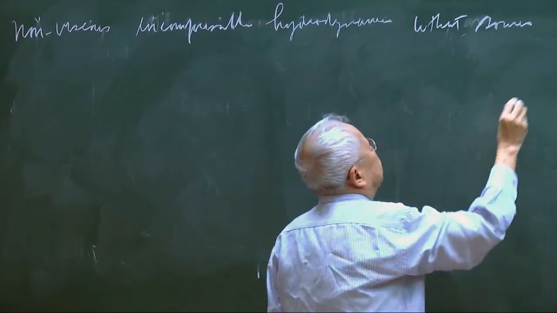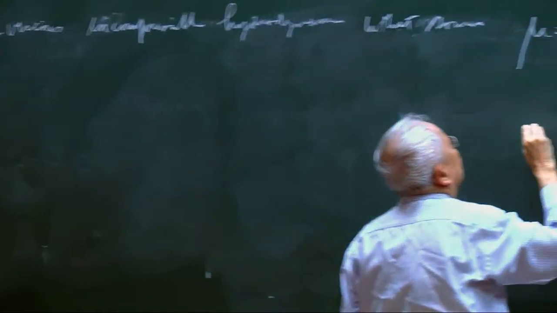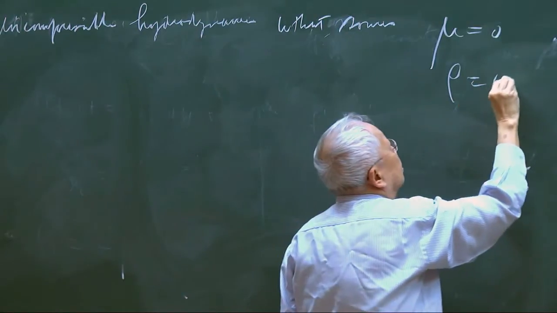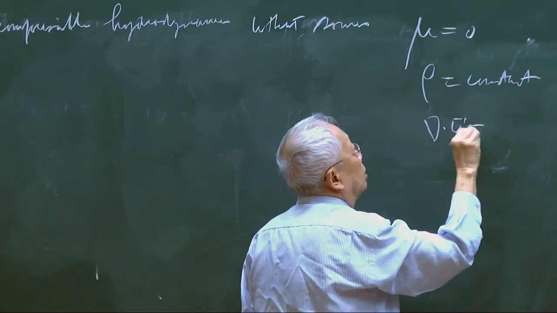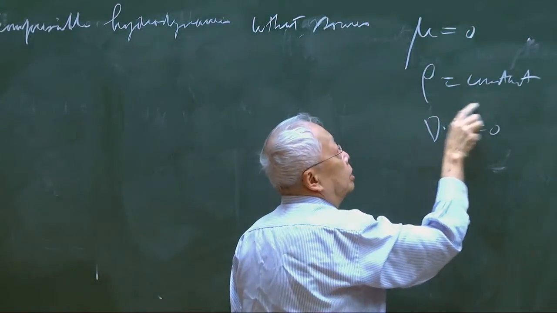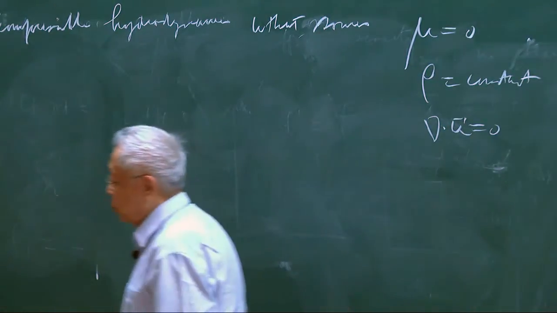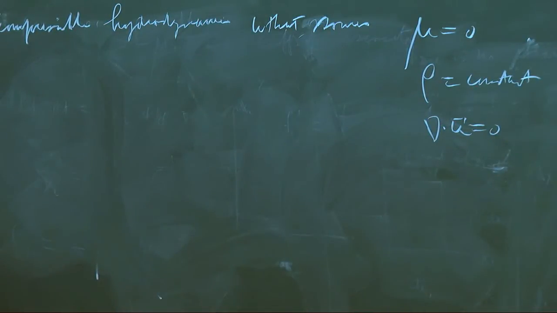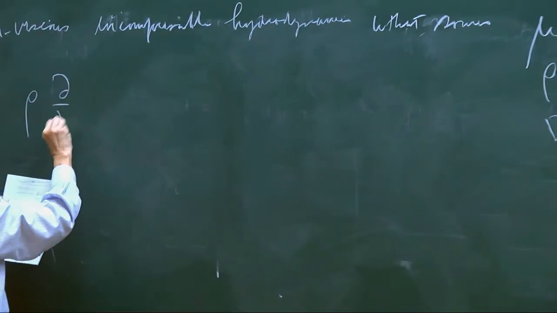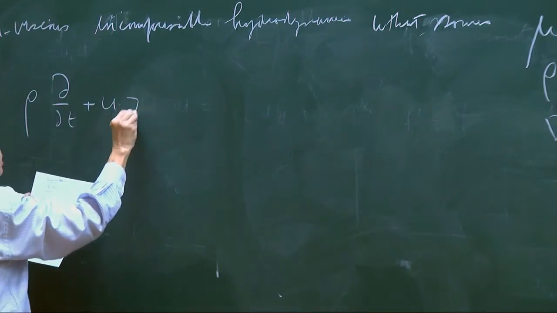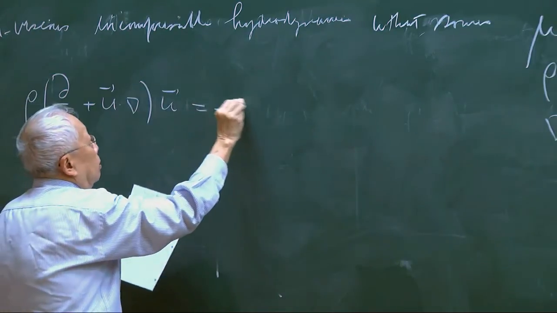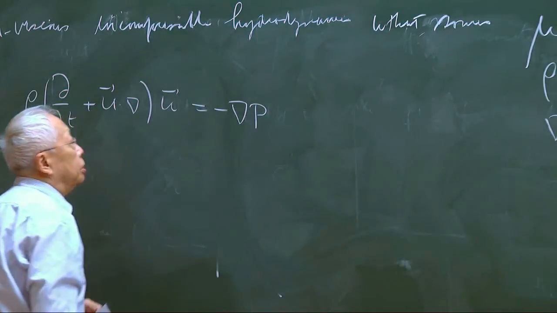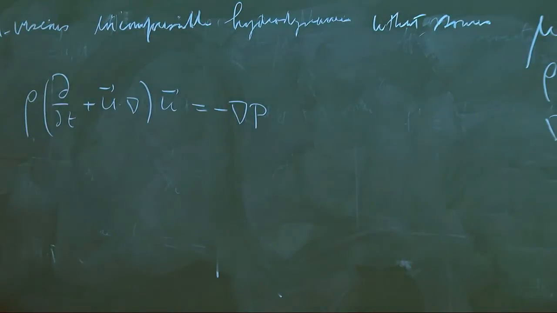So this means that mu is equal to 0, rho is equal to constant, and divergence of u is equal to 0. This means non-viscous, this means incompressible, this means no sources. In which case, the equation becomes rho times (d/dt plus u dot gradient) u is equal to, let us ignore the external force, this is just this case. This rho is a constant now.